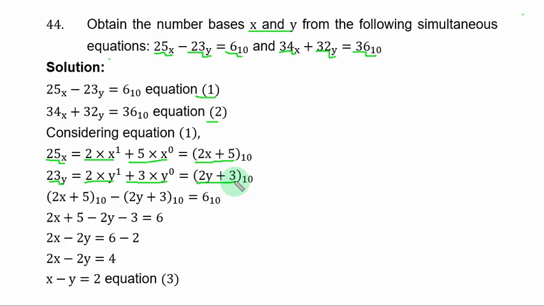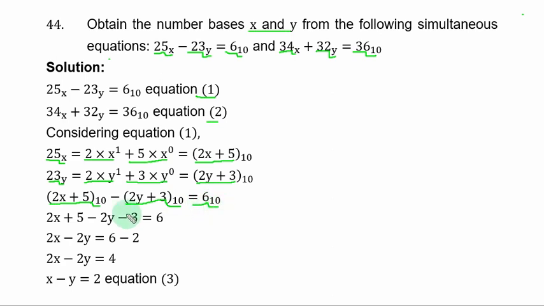So we write equation 1 in base 10 as 2s plus 5 base 10, the equivalent of 25 base s, minus 2y plus 3 in base 10, the equivalent of 23 base y, equal to 6 base 10.